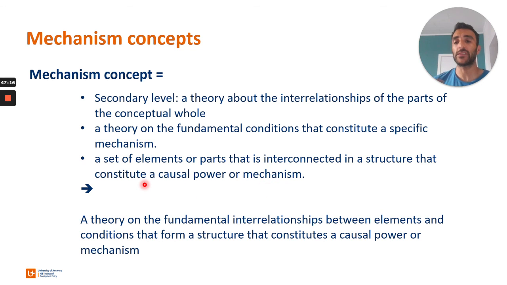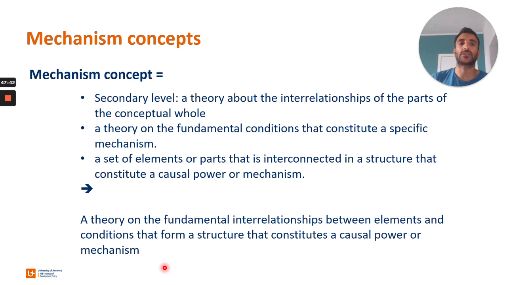And so when we bring that together, a mechanism concept, as I have conceptualized it within the ResQ approach, is a theory on the fundamental interrelationships between elements and conditions that form a structure that constitutes a causal power, and thus is a causal structure or mechanism. Causal power and mechanism are seen as somewhat interchangeable.